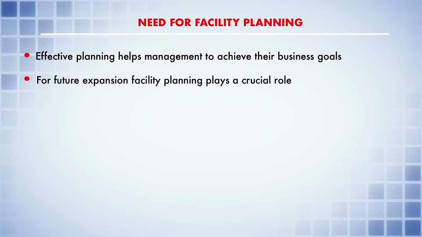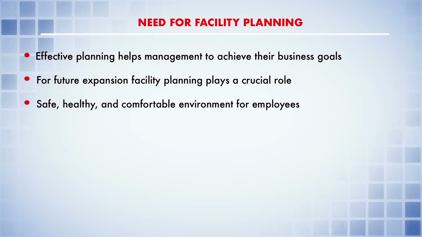The second need is future expansion. Suppose an automobile company established in 1980 is working quite well in India and captures about 60 to 65% of the market share. They need expansion, so they need a new plant, and for locating a new plant, they need facility planning.